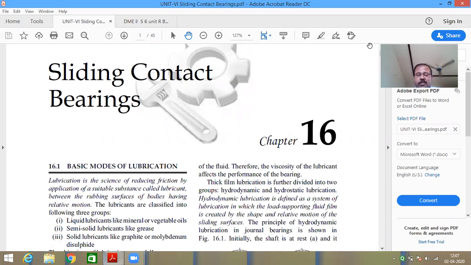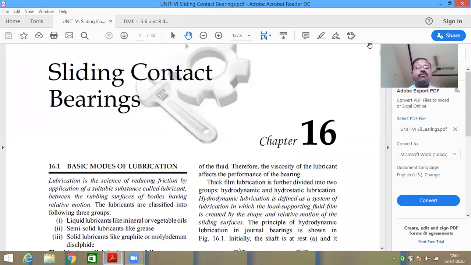As in the nomenclature of rolling contact bearings, we have seen that there is outer race, there is inner race, there are rolling elements. Right? But in case of sliding contact bearings, there is no such thing. Just a bushing made up of a compatible material is used as a bearing in the sliding contact bearings. Right? And the portion of the shaft which is supported in that bearing is called as journal.